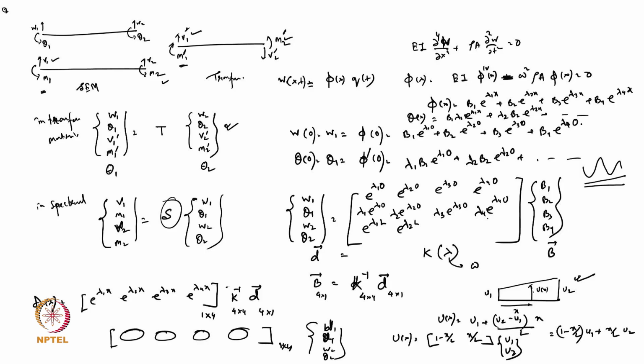And in the transfer matrix, each element is like sine omega t times cos omega t, maybe plus cos hyperbolic omega t. These functions are very transcendental equations.